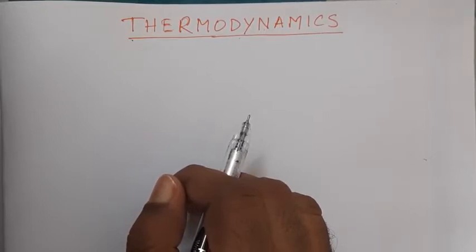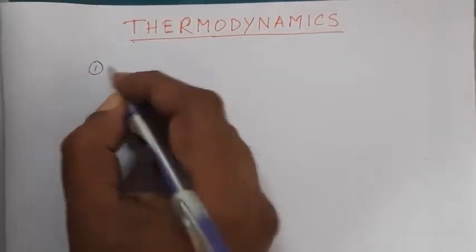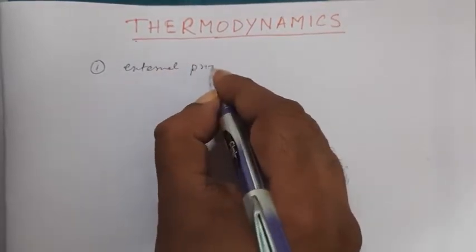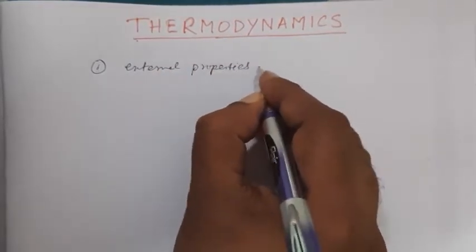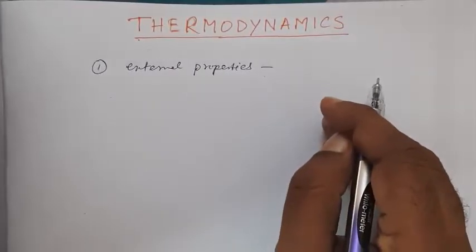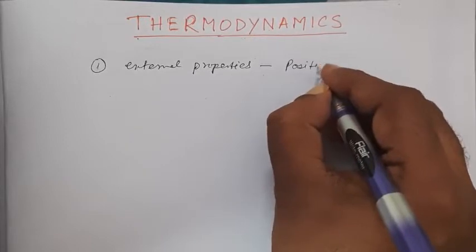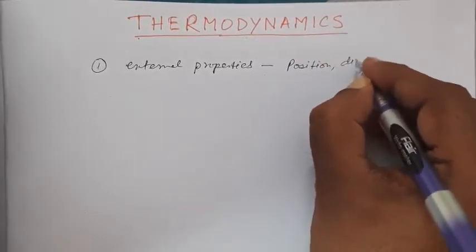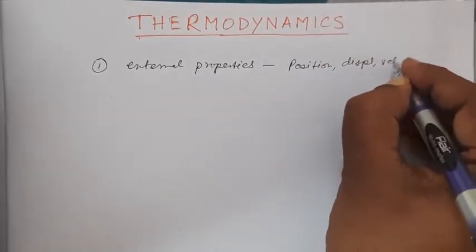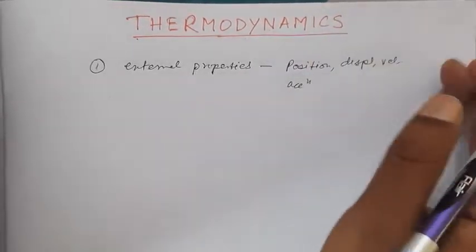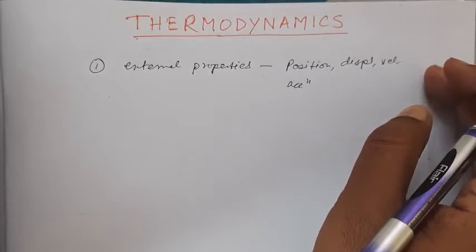The first term you can write is external properties. Examples of external properties, which you have already learned in mechanics, are position, displacement, velocity, acceleration, etc. They are all external properties of a body.